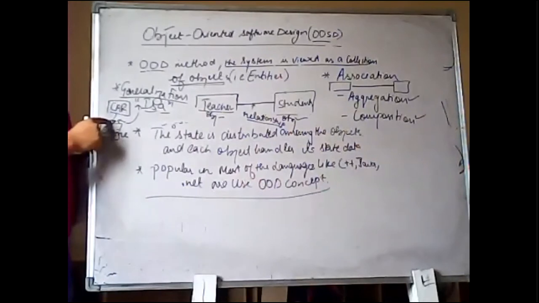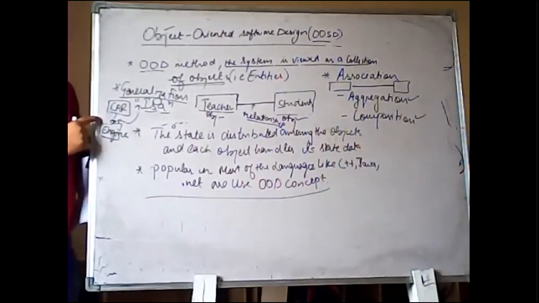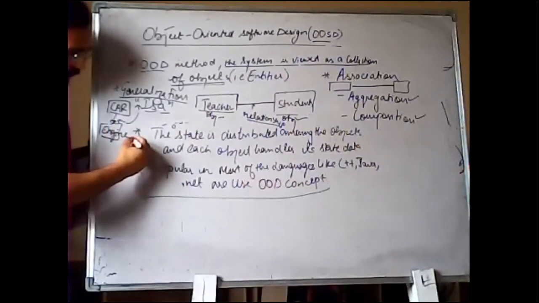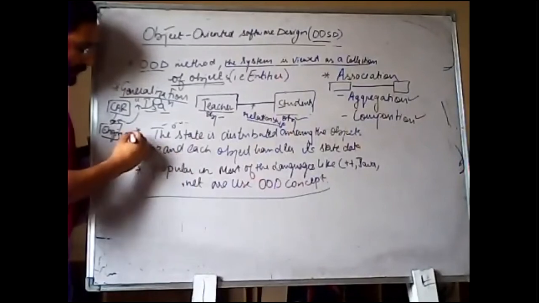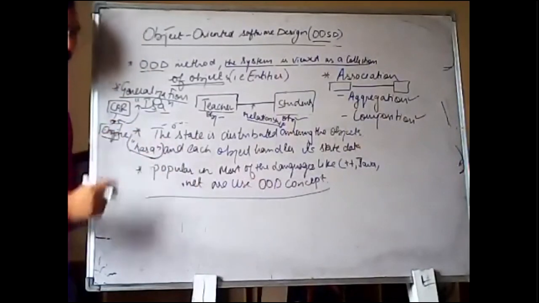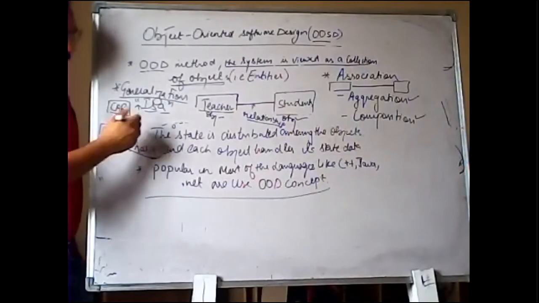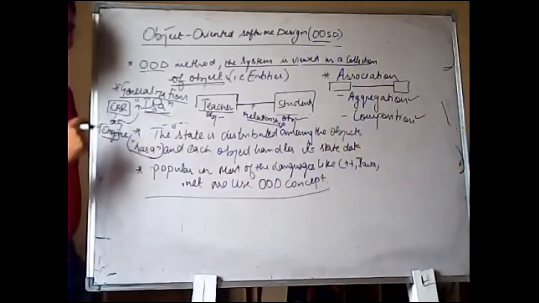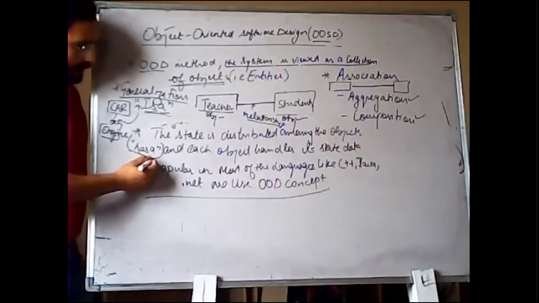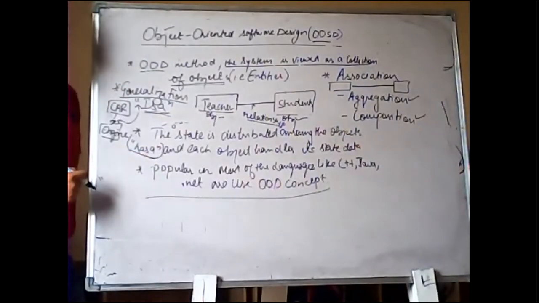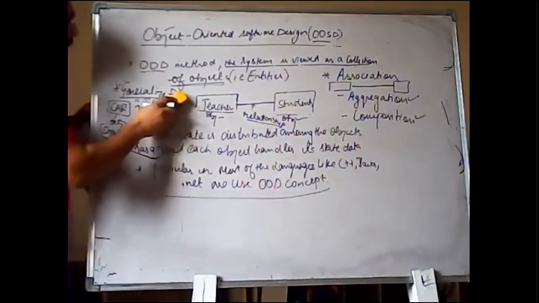This is your specialization relation, and it is also known as an "is a" relationship. That we will study while we draw the class diagram.